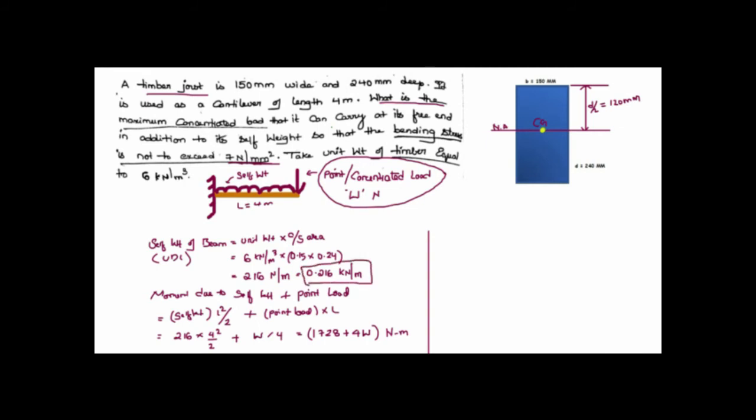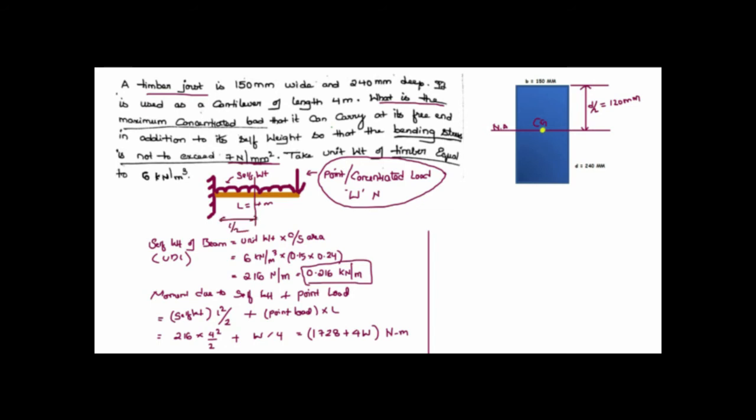Now, of course, we have taken the point load as W. We do not know it yet. So what is the moment due to self weight and point load? The self weight is a UDL, therefore wL square by 2 at the support, because w into L gives the load, and that load acts at a distance of L by 2.